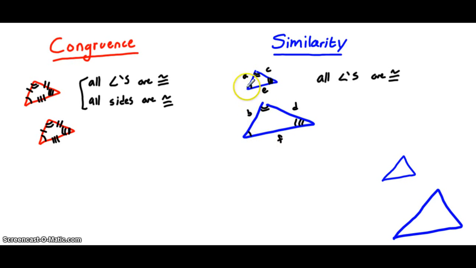So that means that if I took A over B, A divided by B, that's got to be the same ratio as C to D, and that has to be the same ratio as E to F. Or proportional means that all those sides have the same ratio from one to the other. They've got the same amount multiplied or divided by to get from the side lengths of one figure to the side lengths of the other. So again, all the sides aren't congruent, they are proportional.